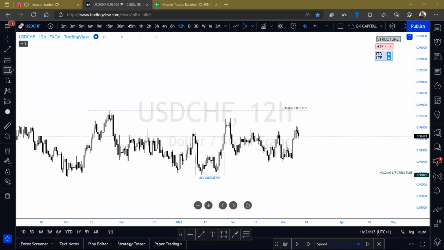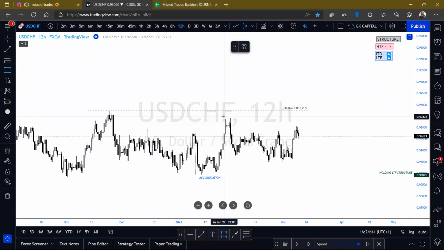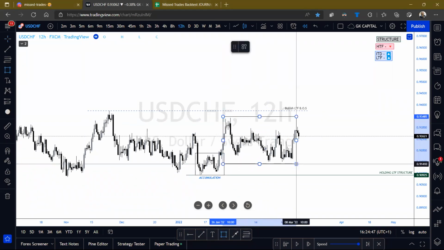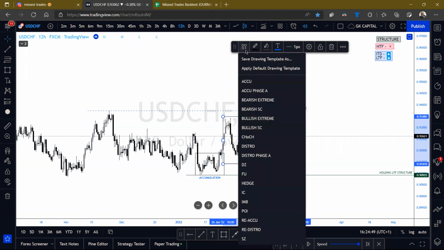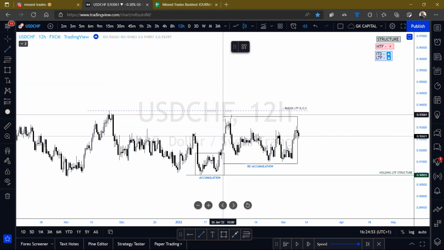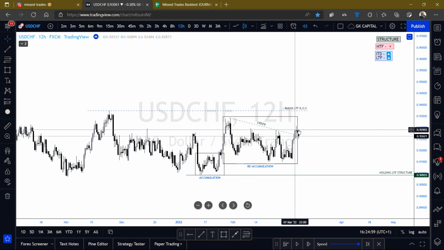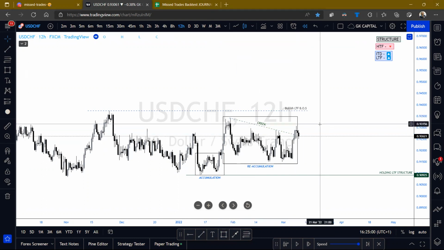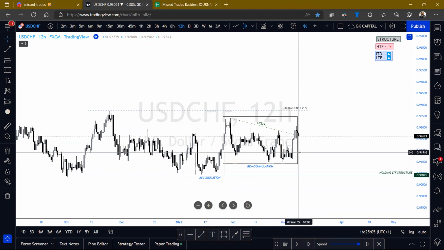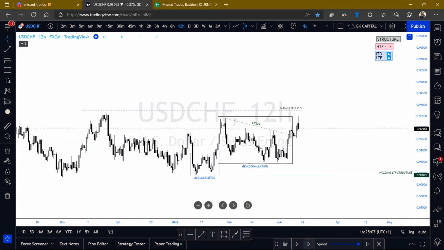And then from there, we can see the start of a distro gone into a reaccumulation. Okay, and then we can see there's the break from the creek. Okay, with that reaccumulation. Now there's no extremes, there's no SCs for me yet.